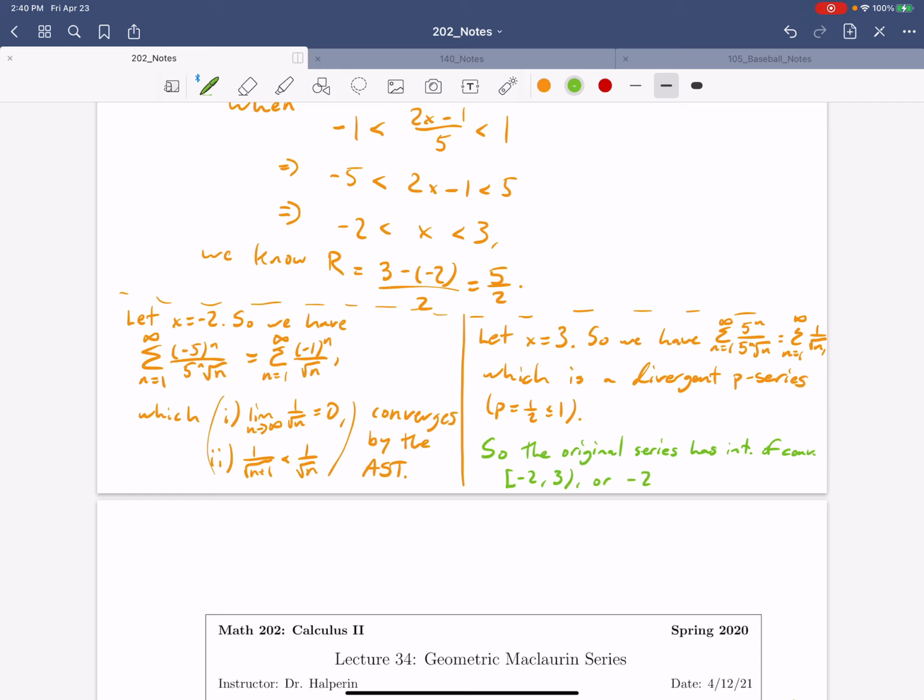Or you could write it as negative 2 is less than or equal to x, which is less than 3. And radius, I'll denote it with r, equals 5/2. Okay? So that's the answer. That's how you do this type of problem.